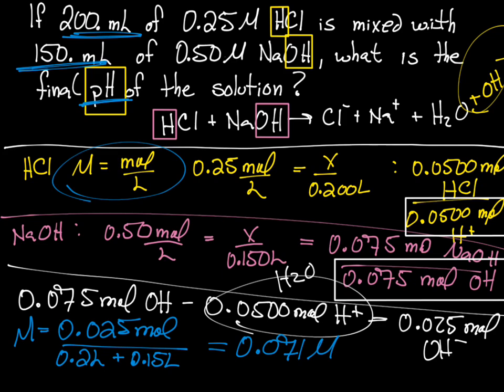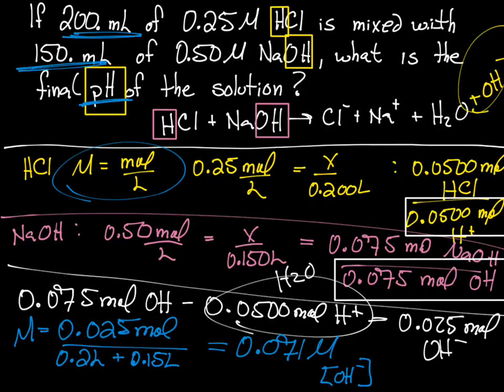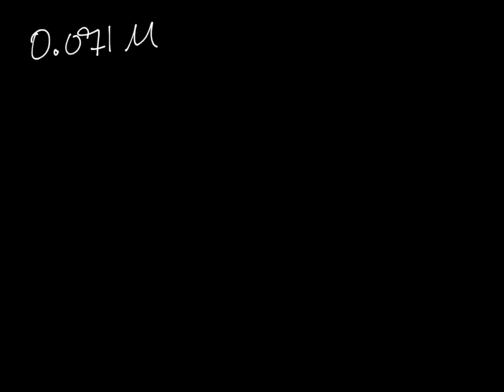Okay, so that is our concentration of OH minus. All right, I need a little bit more room here, so let's move on to the next page. So we have a concentration of OH minus of 0.071, I think. Is that right? Yes. Okay, and that is our concentration of OH minus.